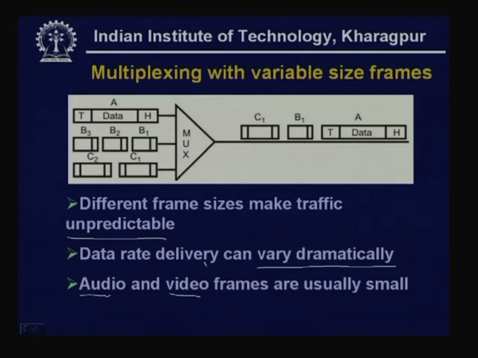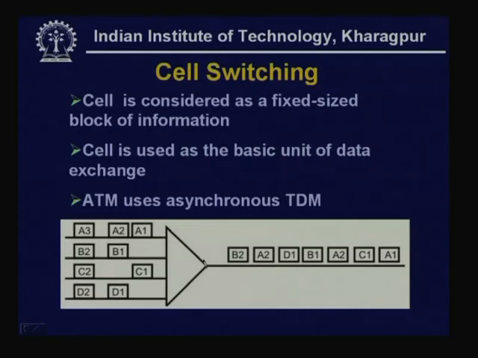These limitations are overcome by using cell switching. A cell is considered to be a fixed size block of information. It is not variable size, and usually the size is very small. For example, in ATM, as we shall see, the size of the cell is only 53 bytes, all the cells are of the same size, and the cell is used as the basic unit of data exchange.